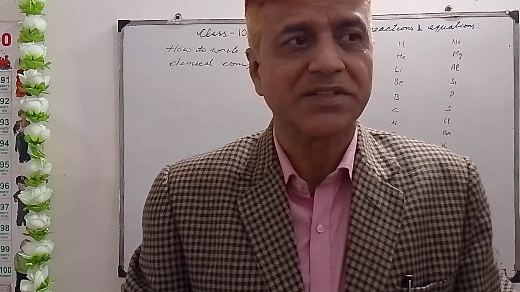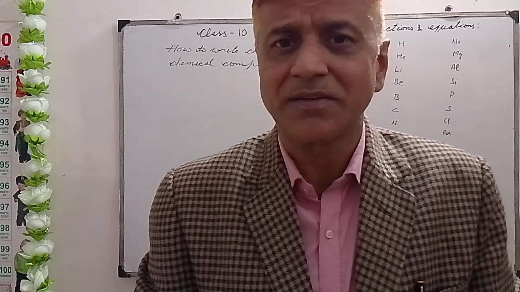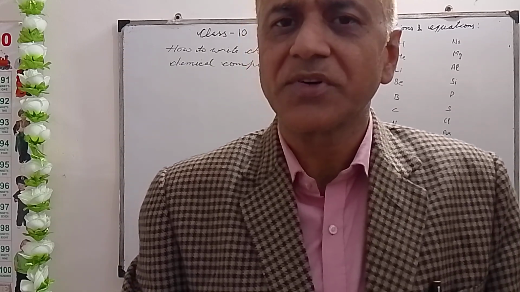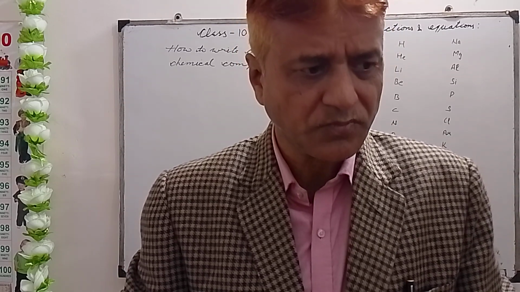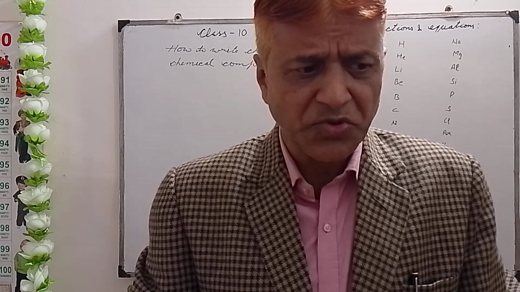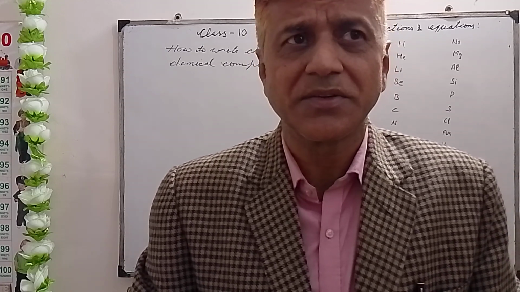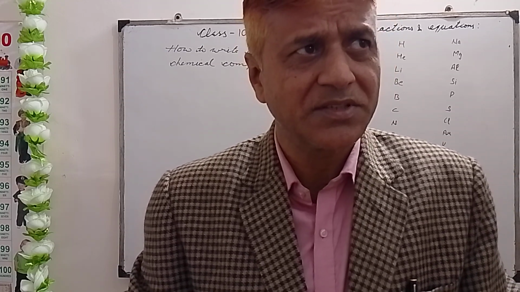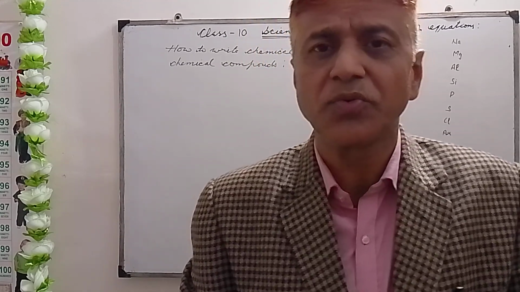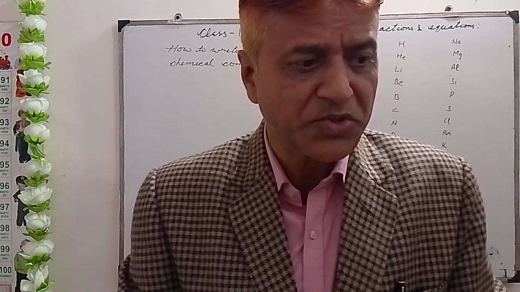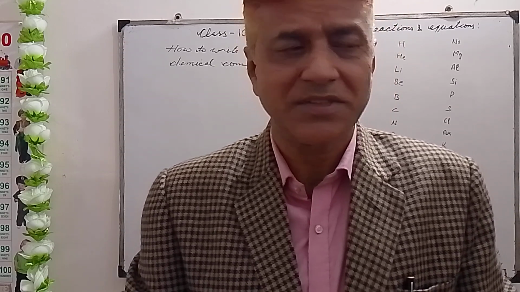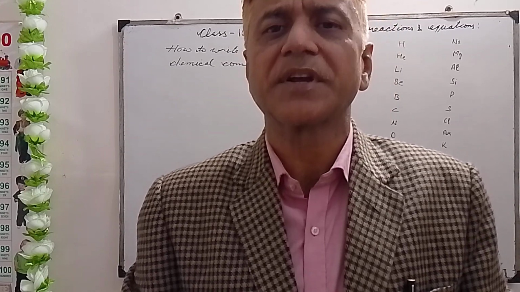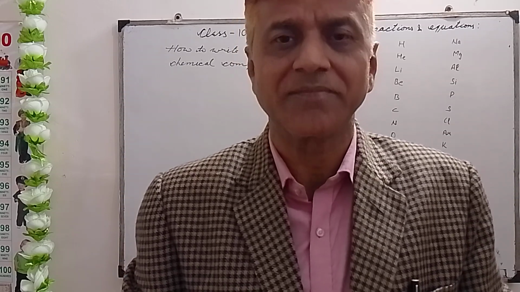So my dear students, let's take a quick recapitulation of the work which we have done in our previous video. We had studied a rule to find how many electrons can be accommodated in a particular energy shell.